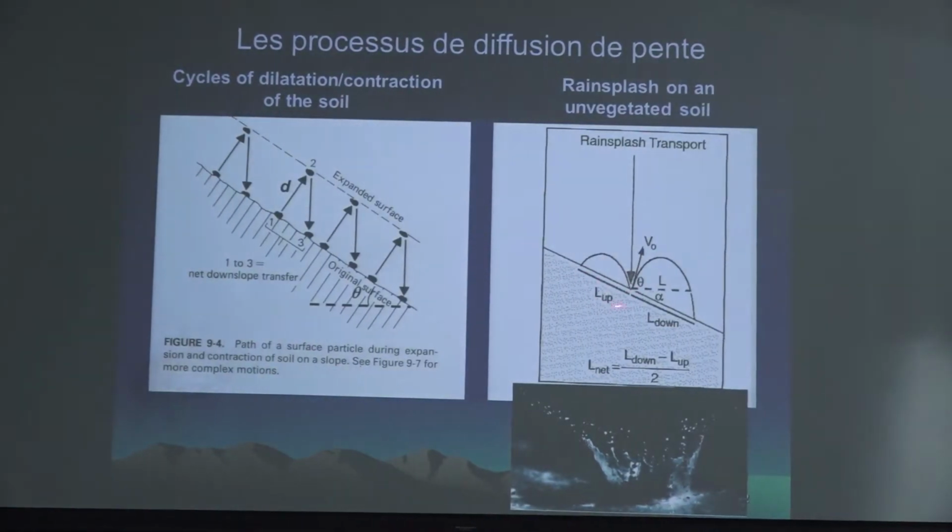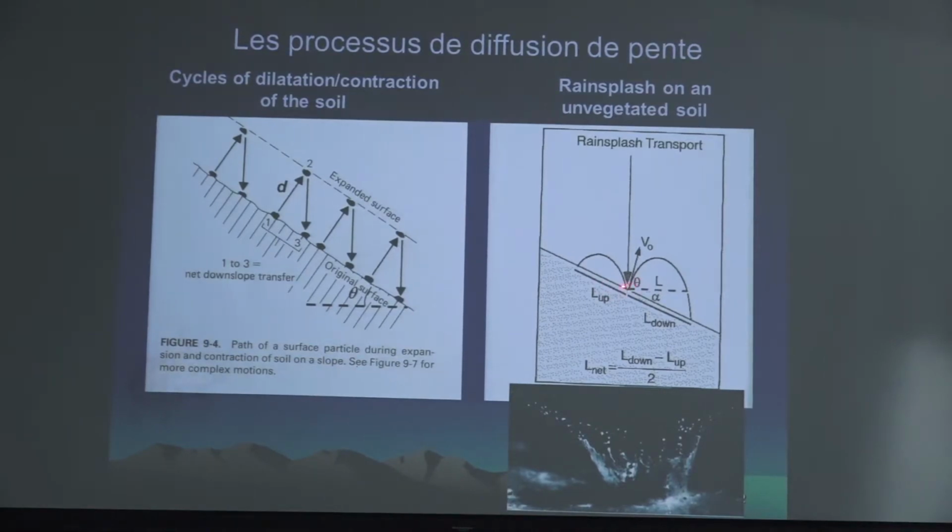And normally you will send more or less the same quantity of material on the right side as on the left side. But because of the slope, you see that the distance traveled by the right ejected particle will be longer than the one on the left side.